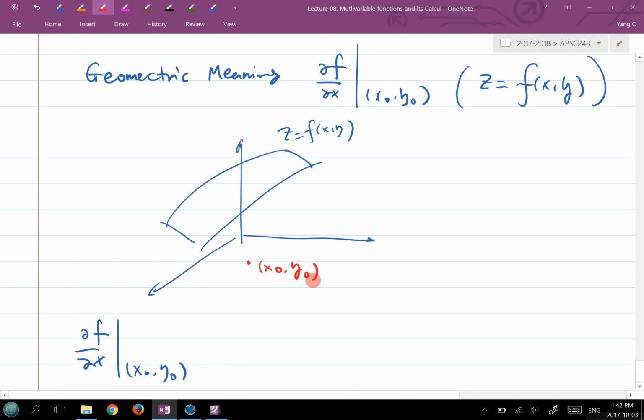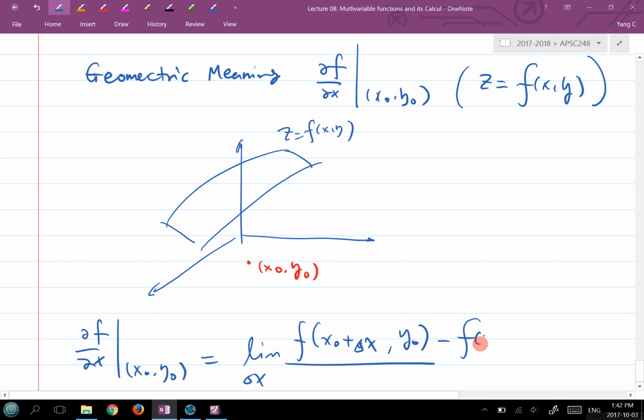Then according to the definition of partial derivative, you start at the x naught, y naught location, then you increase x naught by a small quantity delta x. At the same time, you're not going to change the y value. So that's the definition of partial derivative.